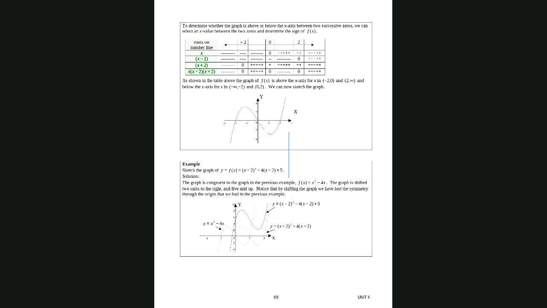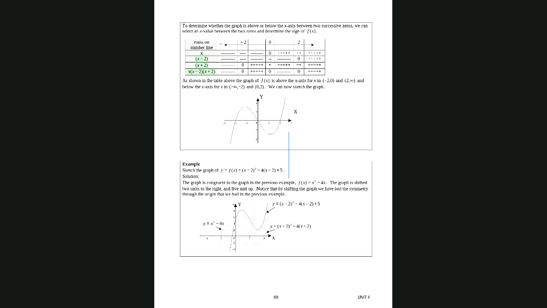Okay, now let's look at it here. I know that I have -2, 0, and 2. My factorization was x, x minus 2, x plus 2. When x is between negative infinity and -2, I can pick any number like -3.